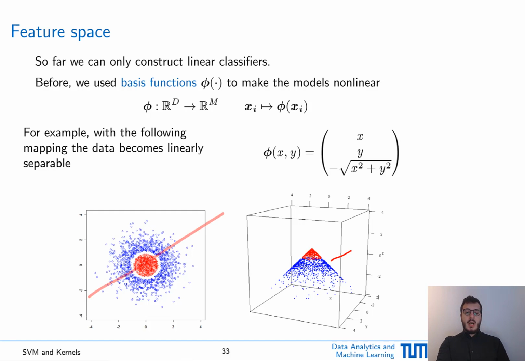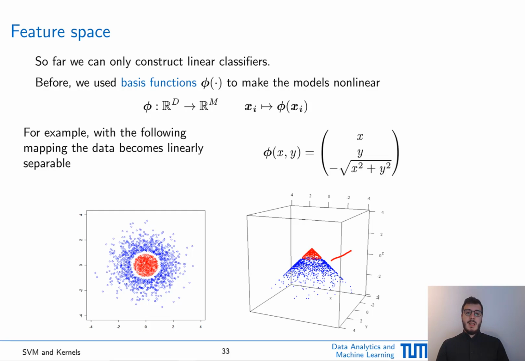No matter which hyperplane we choose here, there will always be a significant number of mistakes because we can't really separate the blue from the red with just a simple line. This is because the data in this case is fundamentally non-linearly related, so we cannot separate it with a linear decision boundary.